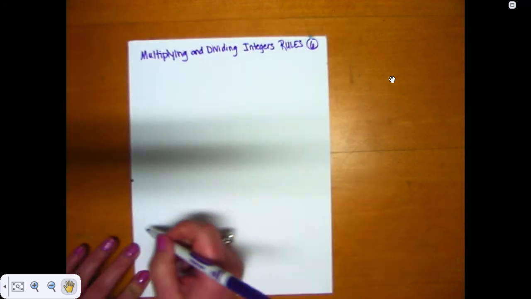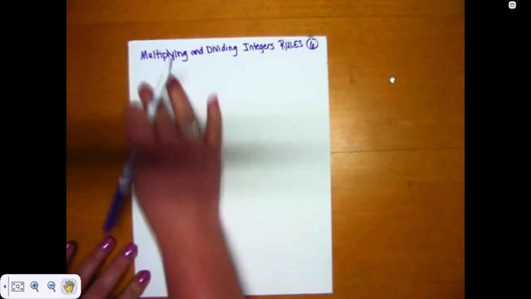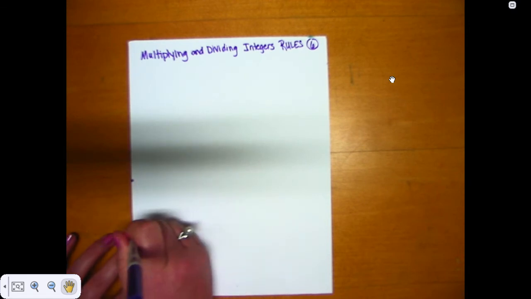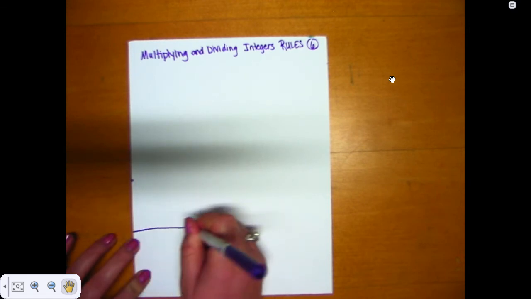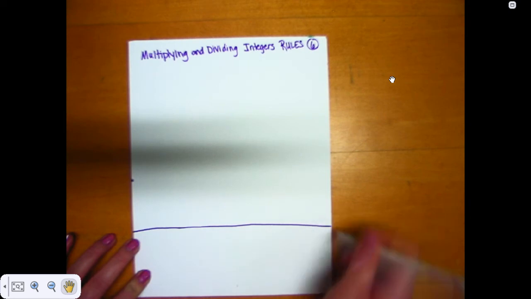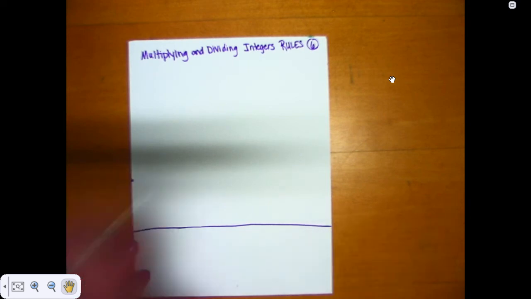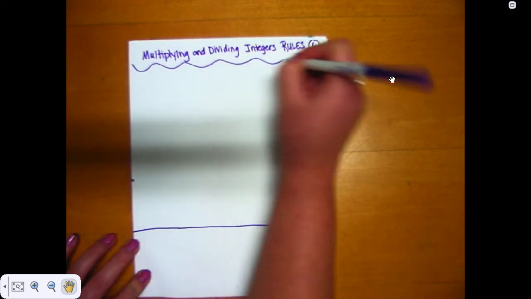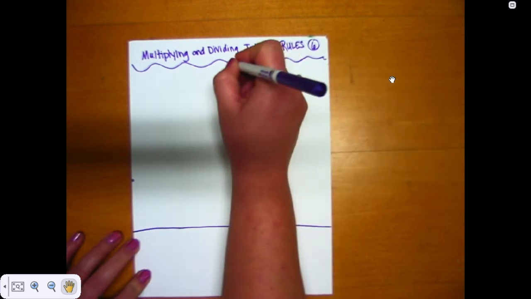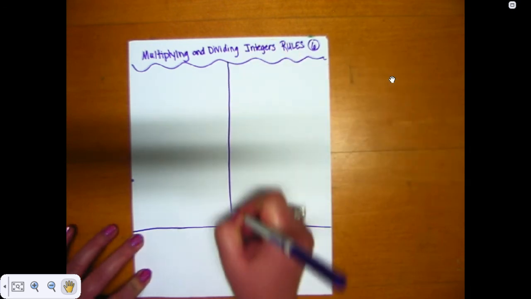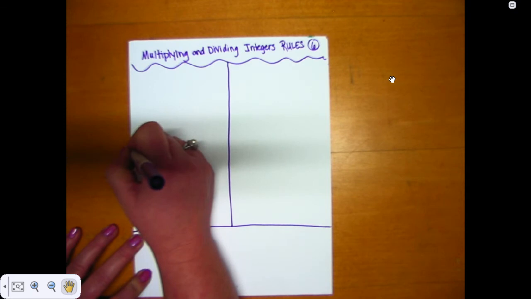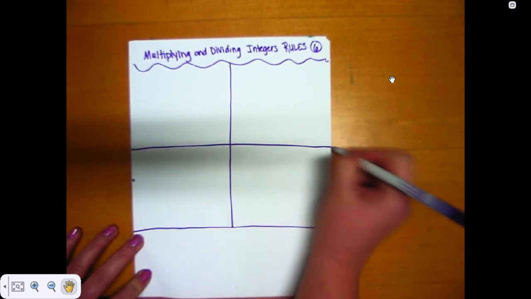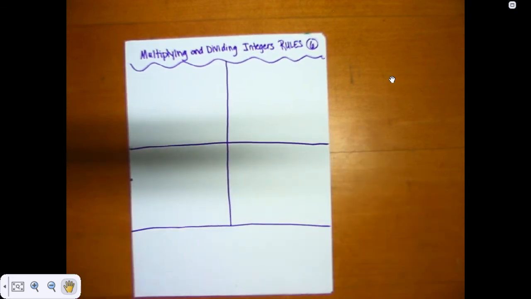The first thing I want you to do is come down about 3/4 of the way down and go ahead and block off this bottom block so we can write in it later. And then we're going to make four quadrants up here, and we're going to write in them.